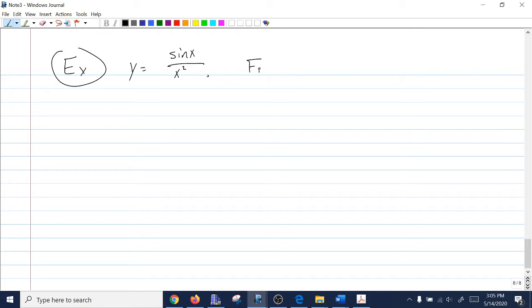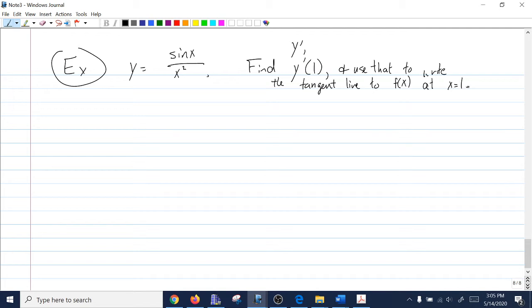And let's find y prime of 1 and use that to write the tangent line to the function at x equals 1. We did the tangent line stuff back in chapter 2 when we were computing derivatives by hand without using the shortcut rules.